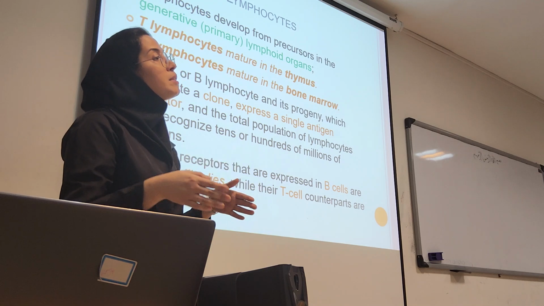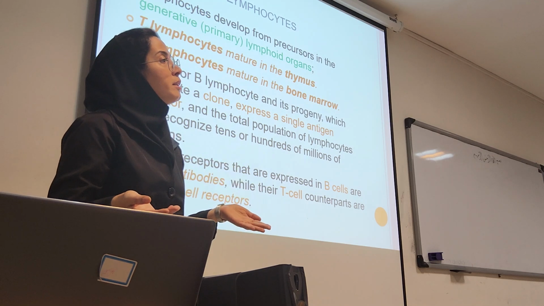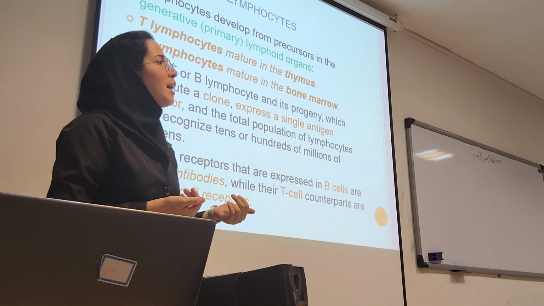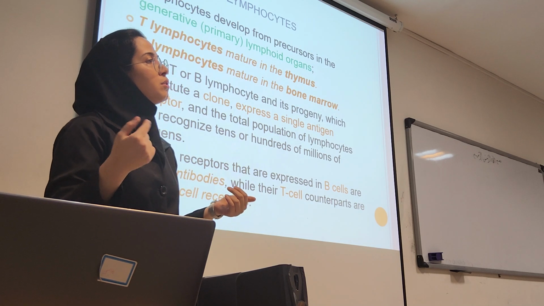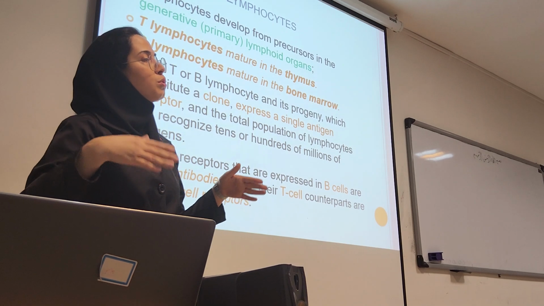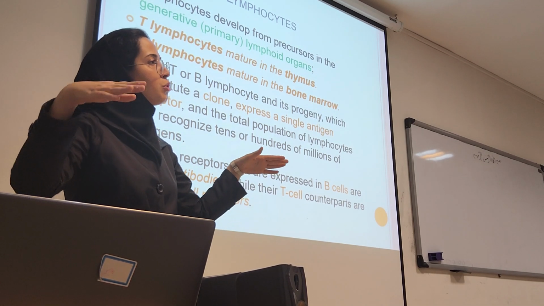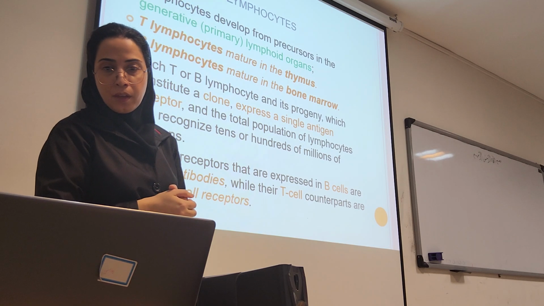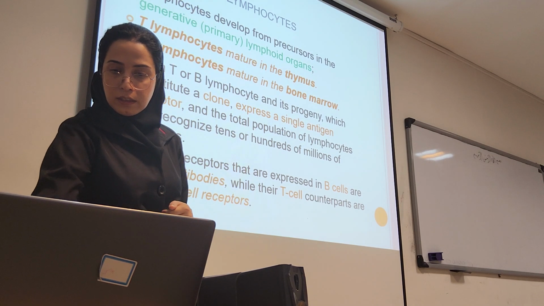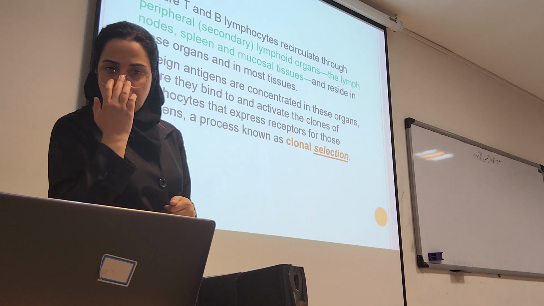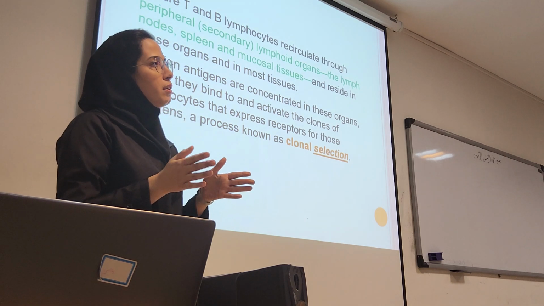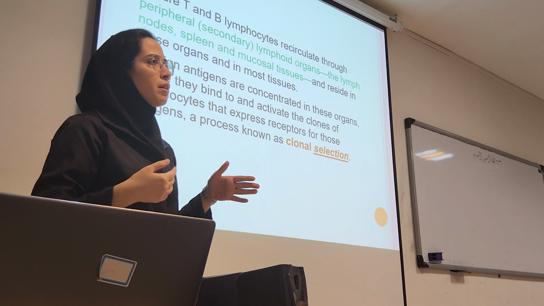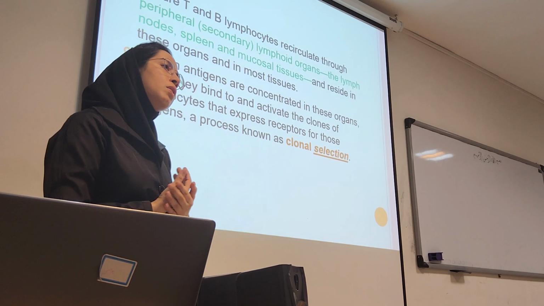In neoplasms, we have monoclonality, because we have just one clone that starts to grow without any inhibitory factors. After maturation of lymphocytes in bone marrow and thymus, where do they go?